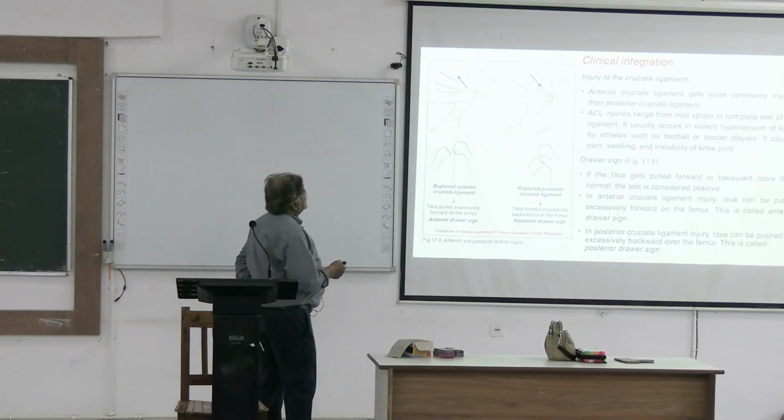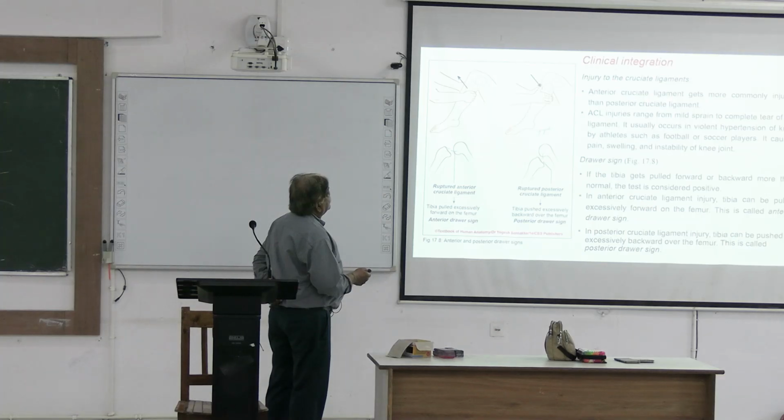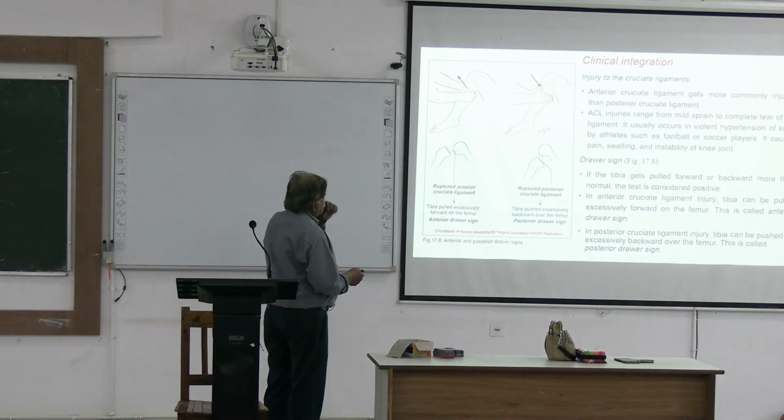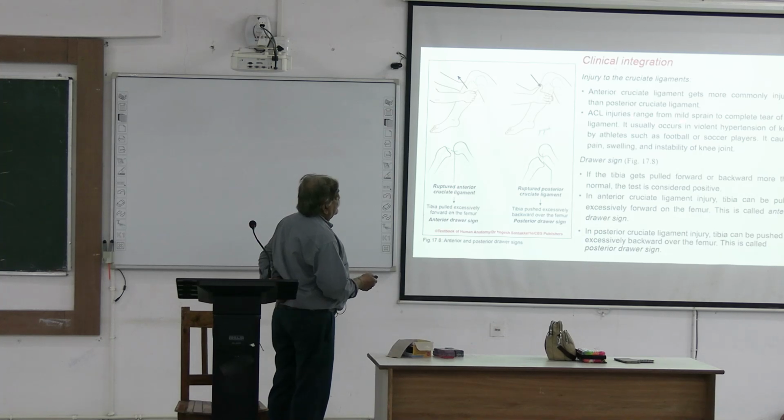The clinical integration: injury to the cruciate ligament. Anterior cruciate ligament gets more commonly injured than posterior cruciate ligament. Anterior cruciate ligament injuries range from mild sprain to complete tear of the ligament. It usually occurs in violent hyperextension of the knee in athletes such as football or soccer players.